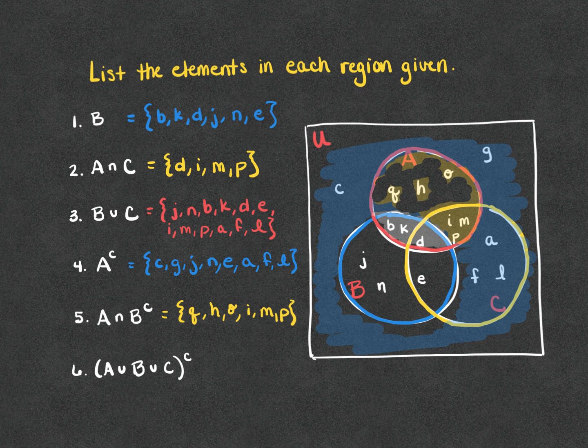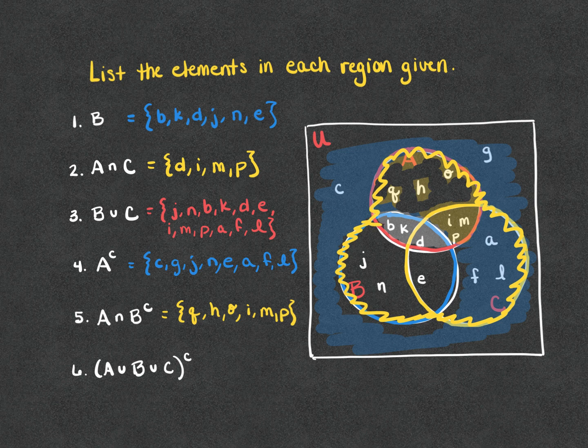Last but not least, we have A union B union C, and then the complement of all of that. A union B union C means throw everything in A, B, and C together. So that would include all of this.